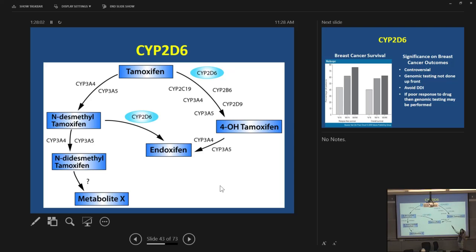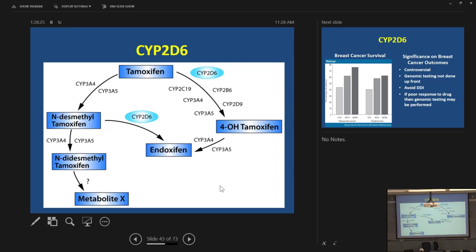What's CYP2D6's big role with tamoxifen? Converts it to its active form, endoxifen. So we really pay attention to not necessarily genomic mutations in this, but from my standpoint clinically, what do you think I pay most attention to? Drug-drug interactions, exactly.